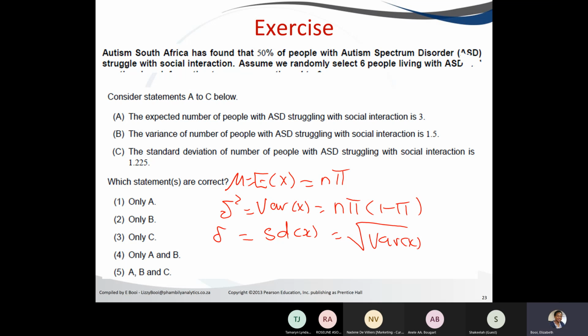You have 50% and 6 people. Your probability of success is 50%, your n is 6.